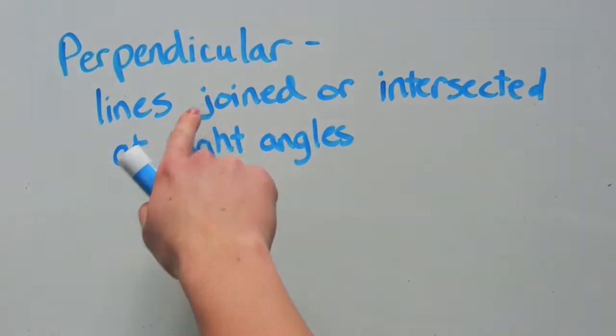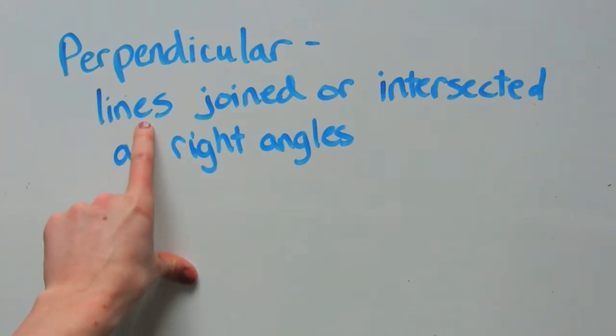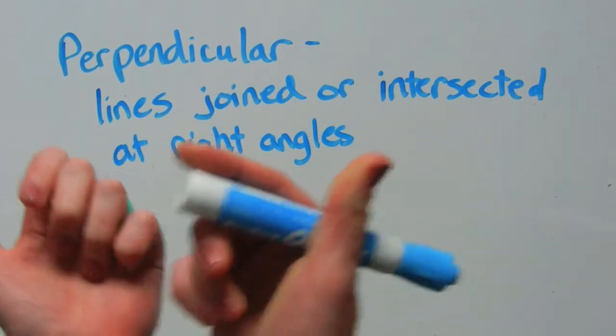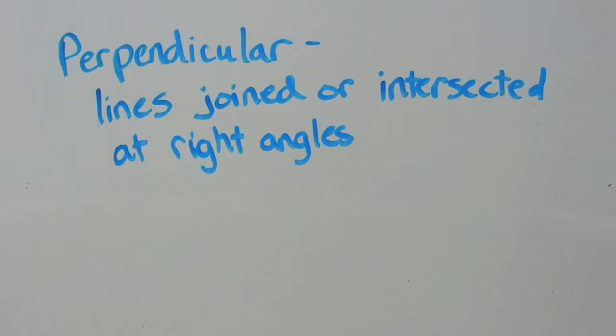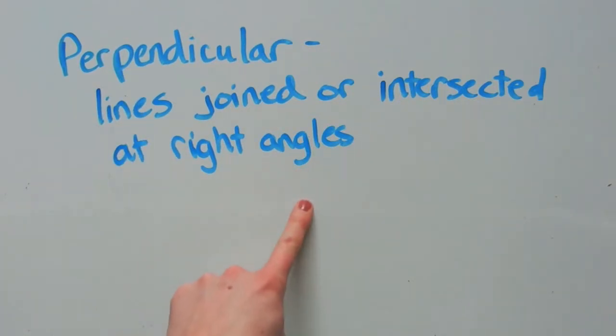Perpendicular means that the lines are joined or intersected at right angles. So basically, lines could be segments, rays, or lines that go on forever in any direction, that cross at right angles. And we know right angles to be 90 degrees.